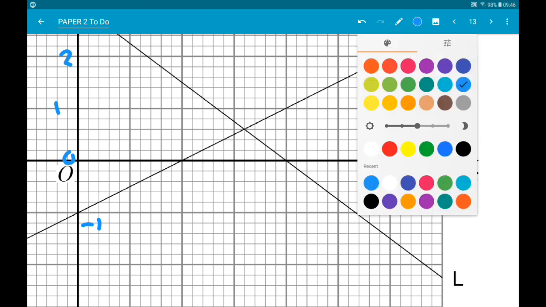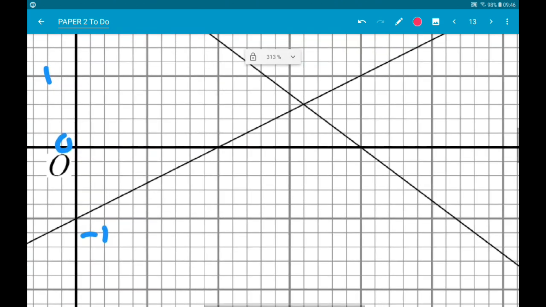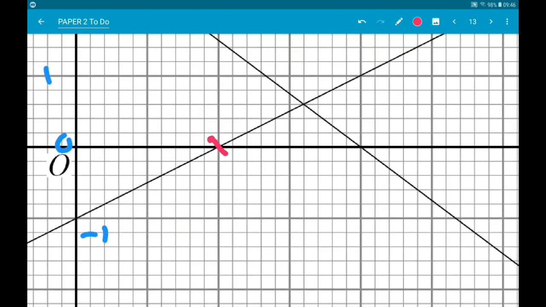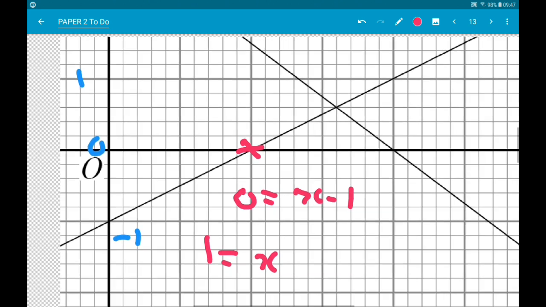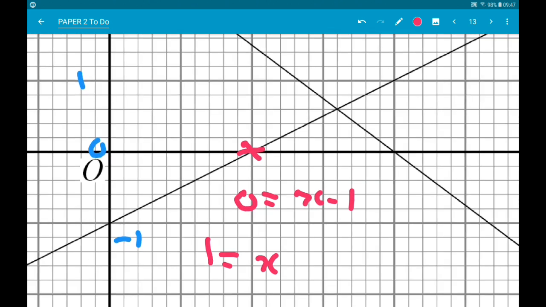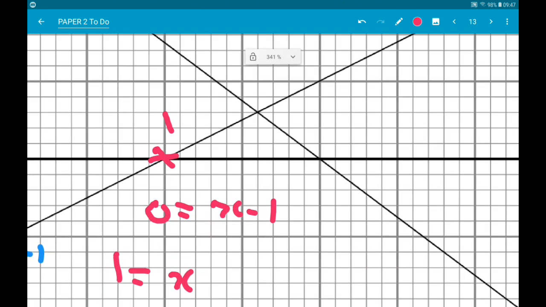So what we can do is find the x-coordinate here on y equals x minus 1. So on the x-axis, y is equal to 0. So here, 0 is x minus 1. So 1 is equal to x. So along x, every 2 big squares represents 1. So the x-intercept of L is 2, 0.